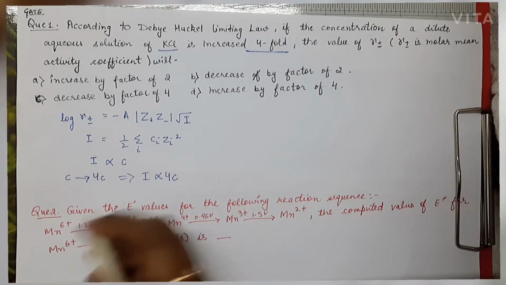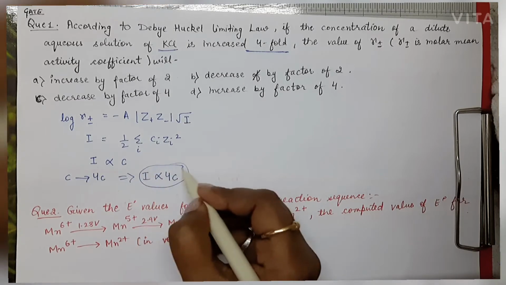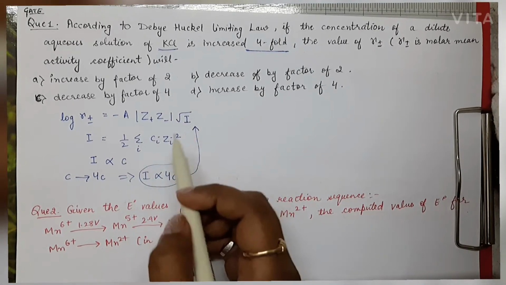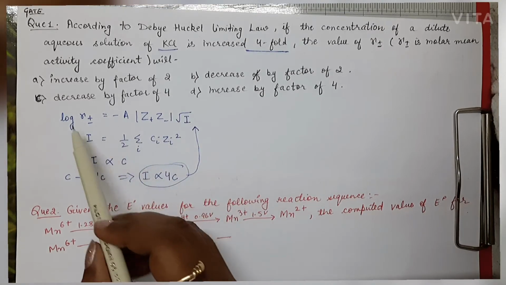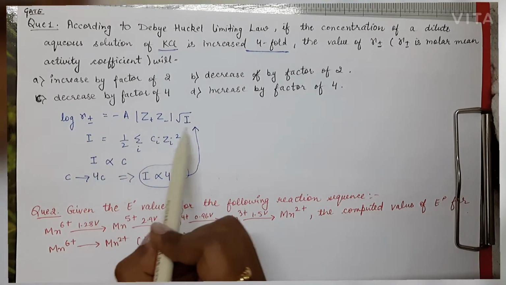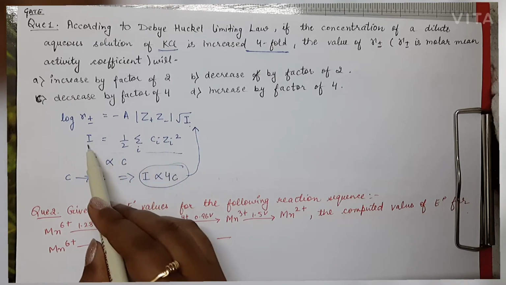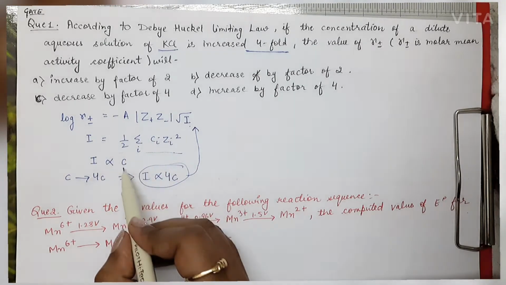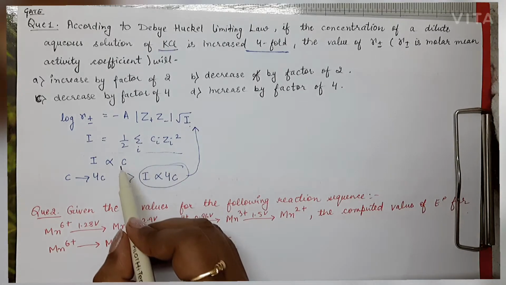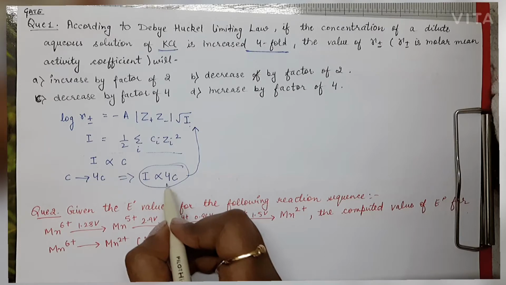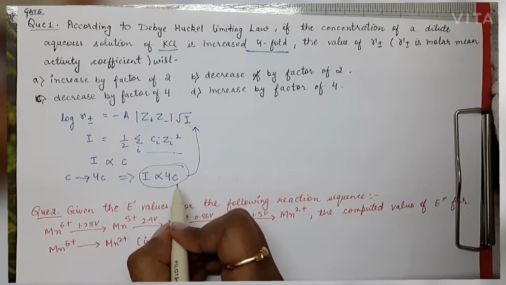Now we have to use this relation in this equation. I hope up till now it is clear that first we should know this equation where ionic strength is represented by this formula, and ionic strength is directly proportional to the concentration. So if the concentration is increasing 4 times, then ionic strength will be proportional to 4 times the concentration.